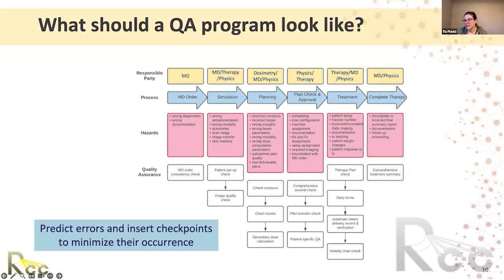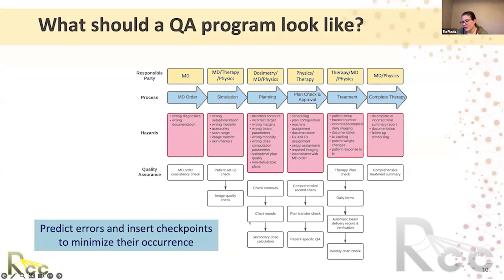If the doctor intended to use electrons, but instead it was planned with photons, we could catch that in a peer review. And maybe the plan is still appropriate, even if it did use the wrong modality, but then we have to go back and revise the intent. You could also catch suboptimal plan quality in a plan review.